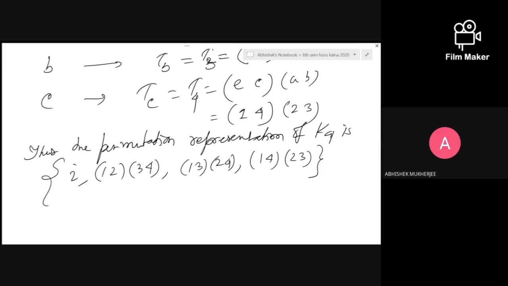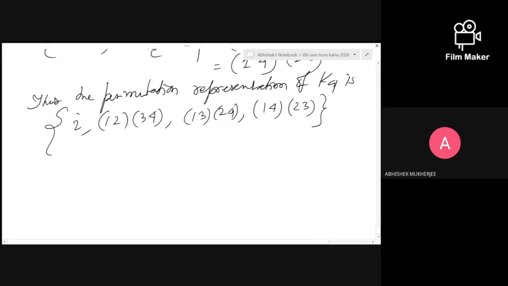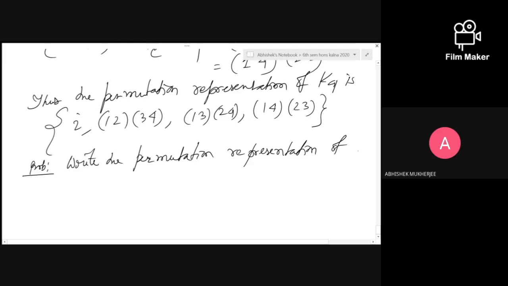In a similar way, I would like to give you an exercise: write down the permutation representation of the group Z4.